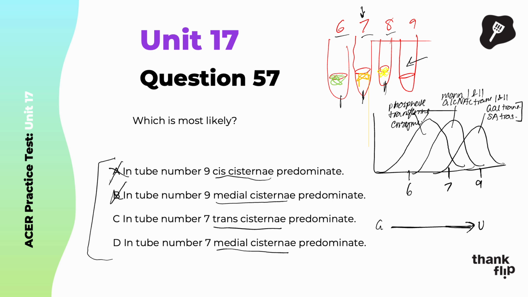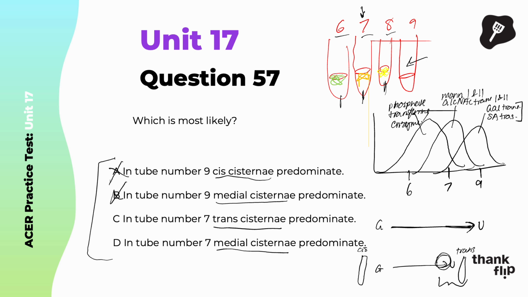And the whole point of the Golgi apparatus is to convert that glycoprotein into a form that's ready to be transported by the vesicles from the trans cisternae, right? And so going from this cis side to the trans side, you're going from G to U. And so the enzymes that you're going to find in the trans cisternae side of things are going to be the enzymes that are closer to the end of this pathway here.